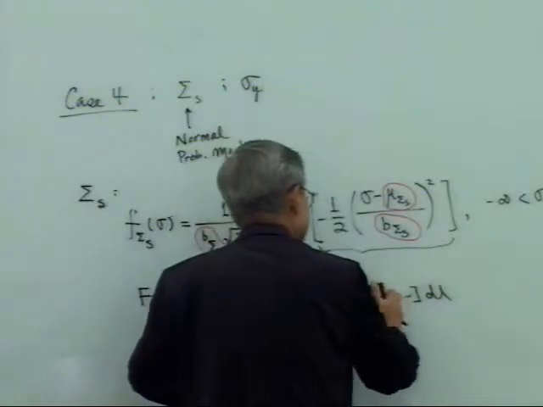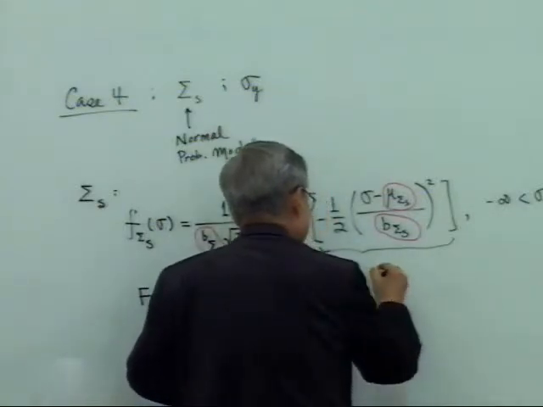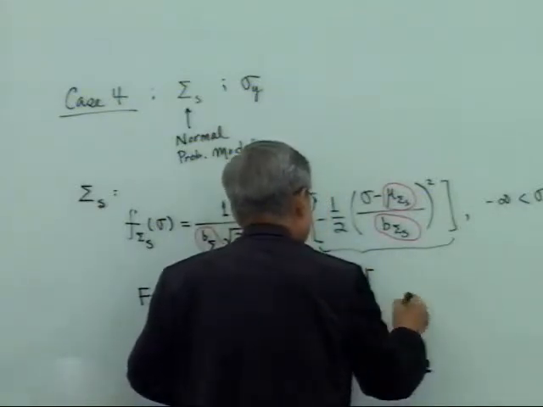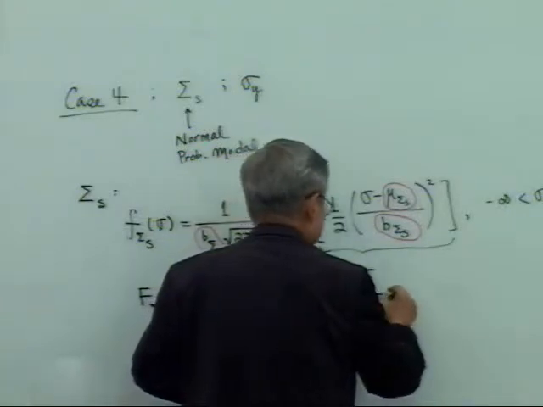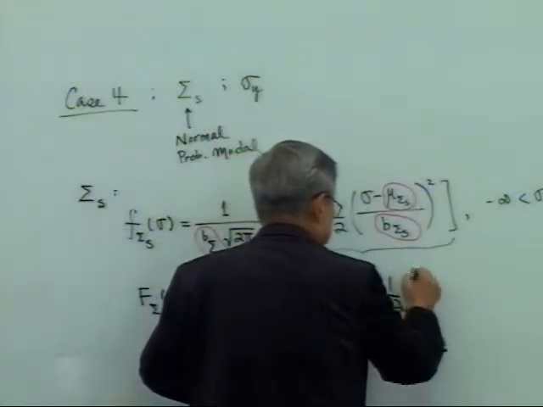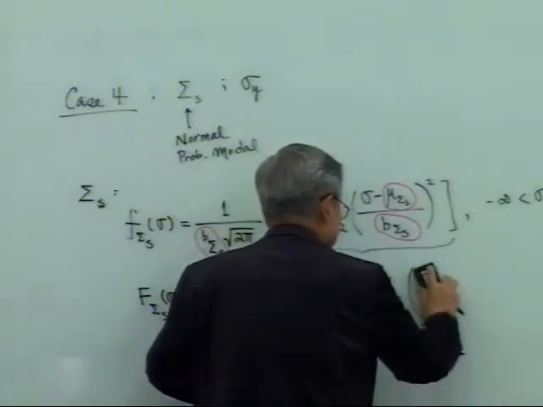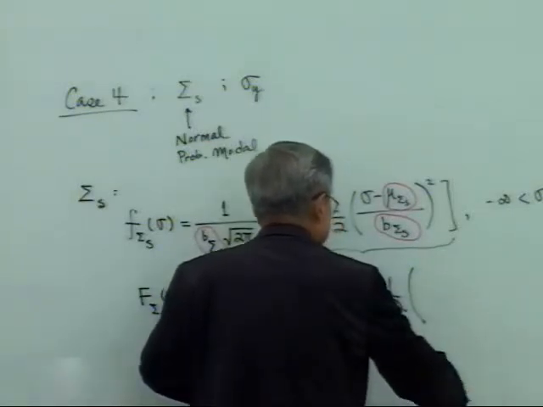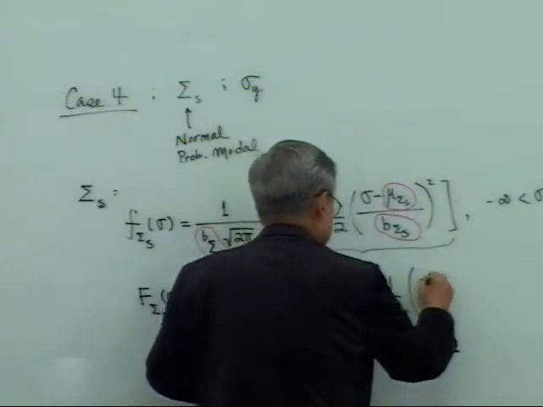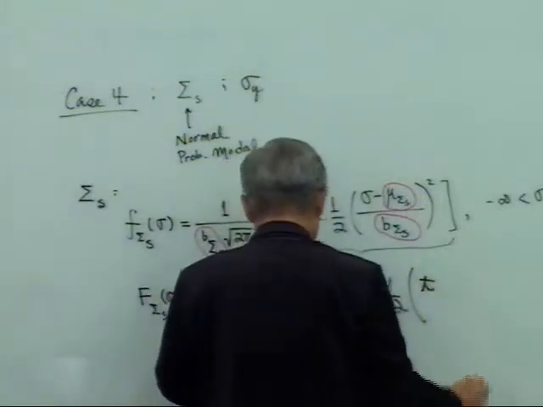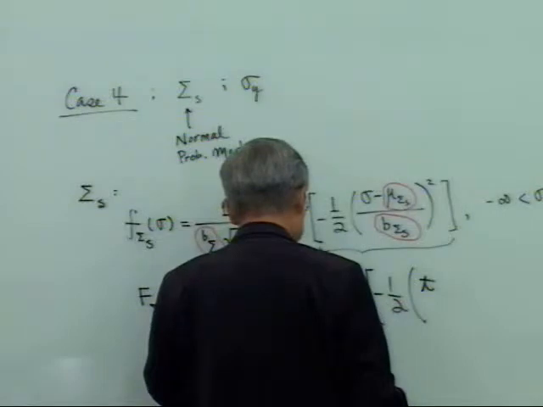I want to write up minus half, and this I'm going to use a t, as the integration parameter.